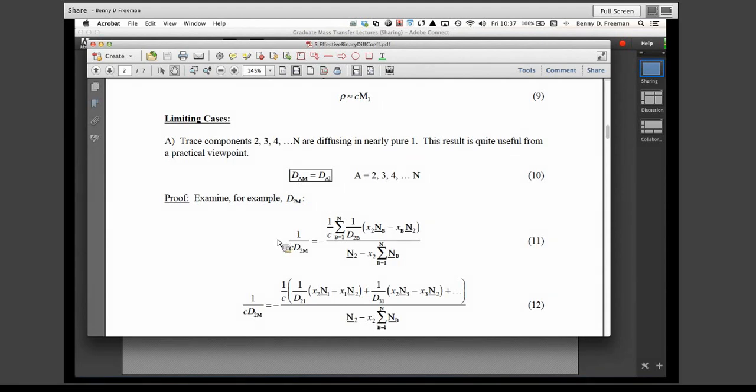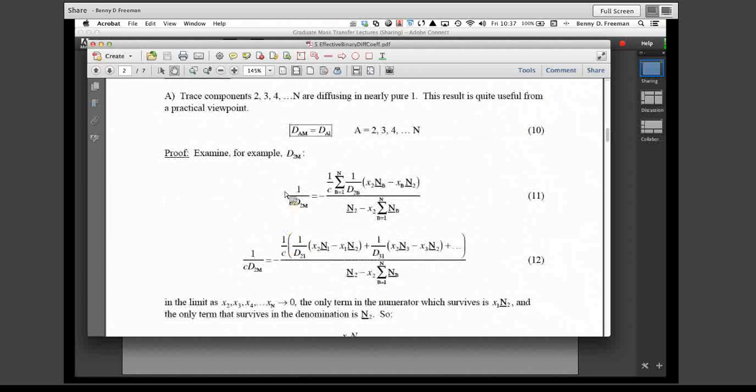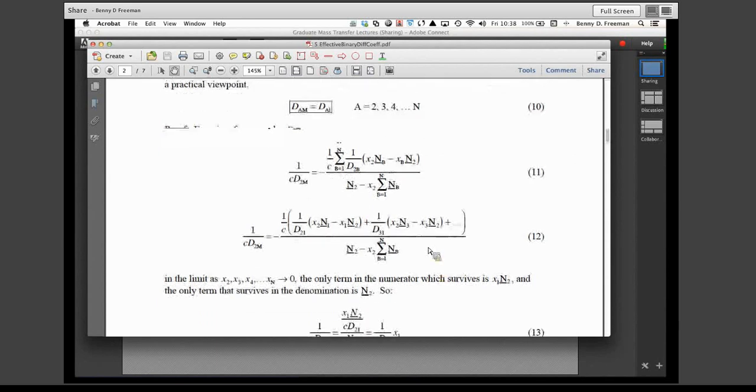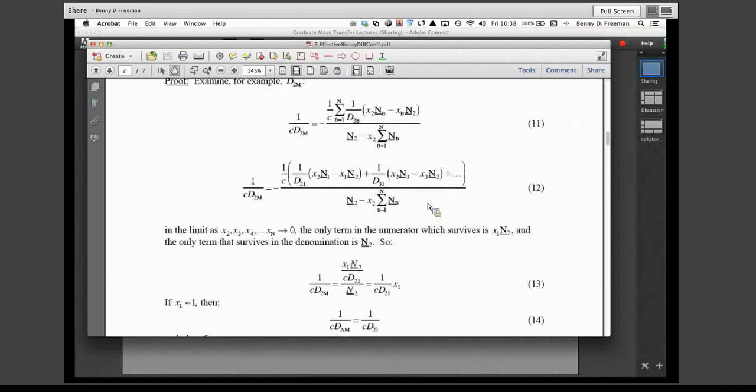And you can prove this using the result that we derived earlier. For example, if you consider the diffusion of component 2, that could be nitrogen or oxygen in this mixture, and you basically work through the mathematics.